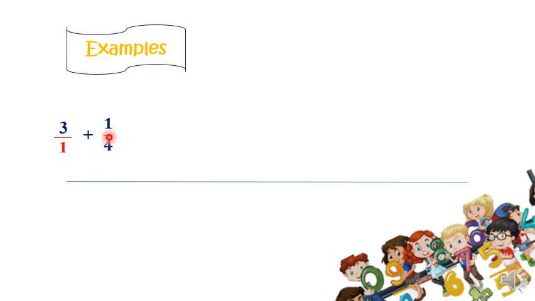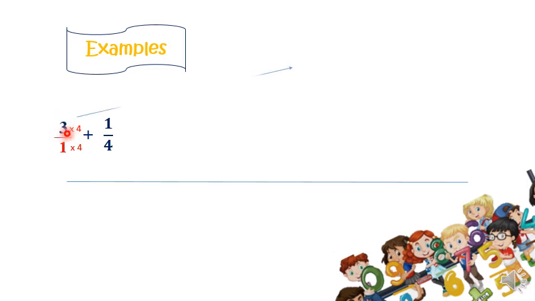It has 4 as a denominator. How to make 1 to be 4? I multiply the numerator and the denominator by the denominator of the second fraction. So to make the same denominator, I multiply the numerator and the denominator by 4.